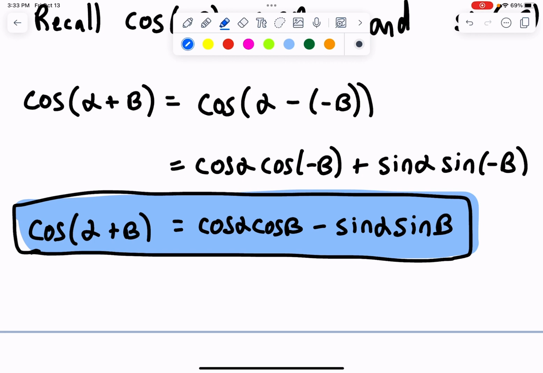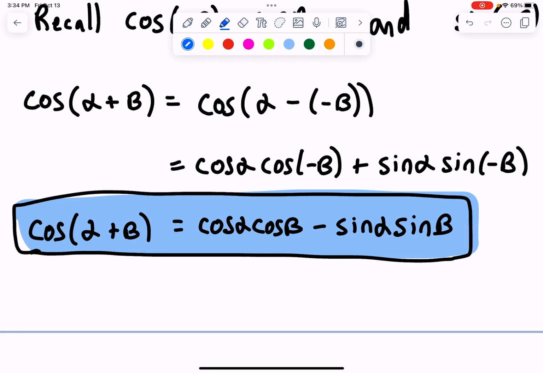Okay. So now we have that identity, and we could use that to compute some angles if we added them. Like we already know how to do cosine of 135 degrees using a reference angle, but we could actually write 135 as 90 plus 45.